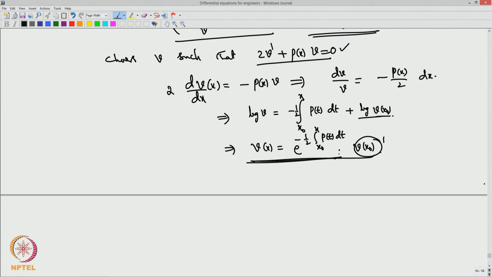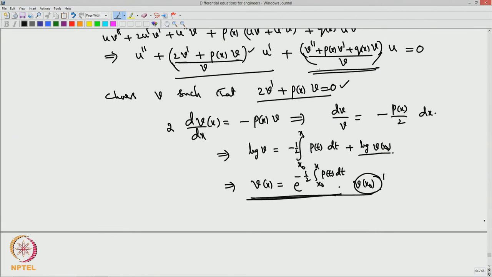With this transformation, if you can calculate this term and it is a constant, then you can get your solution. This term has gone, so u double dash plus some constant into u equal to 0, which you know how to solve. I can give you an example. This is called reducing into normal form.